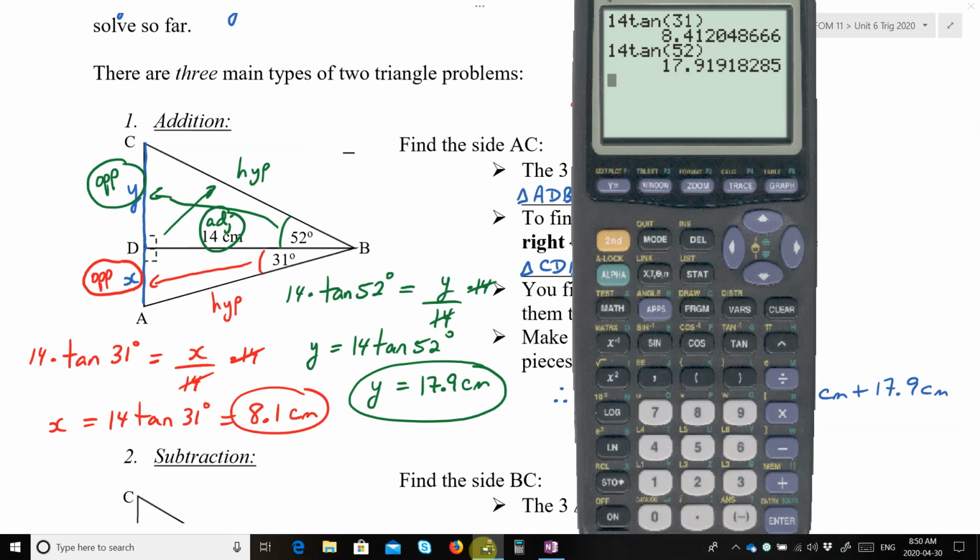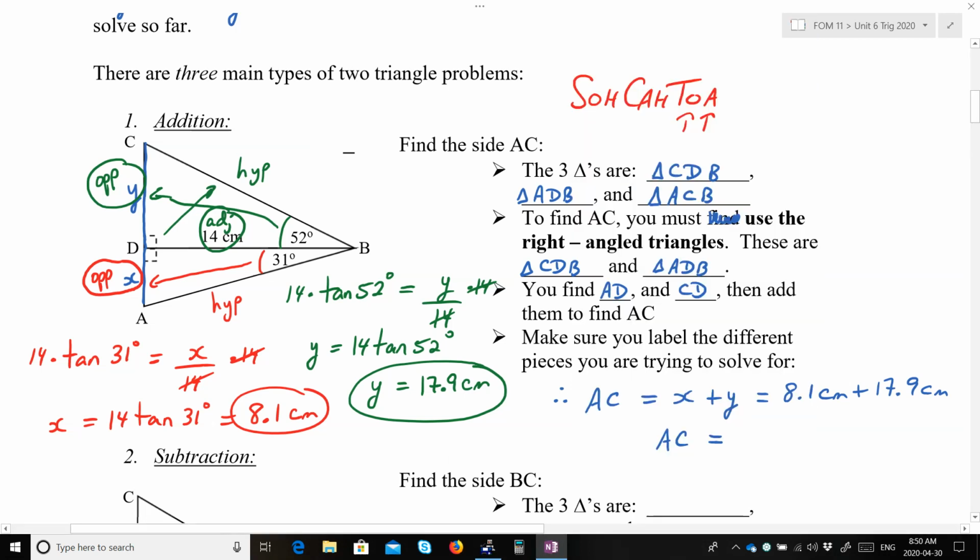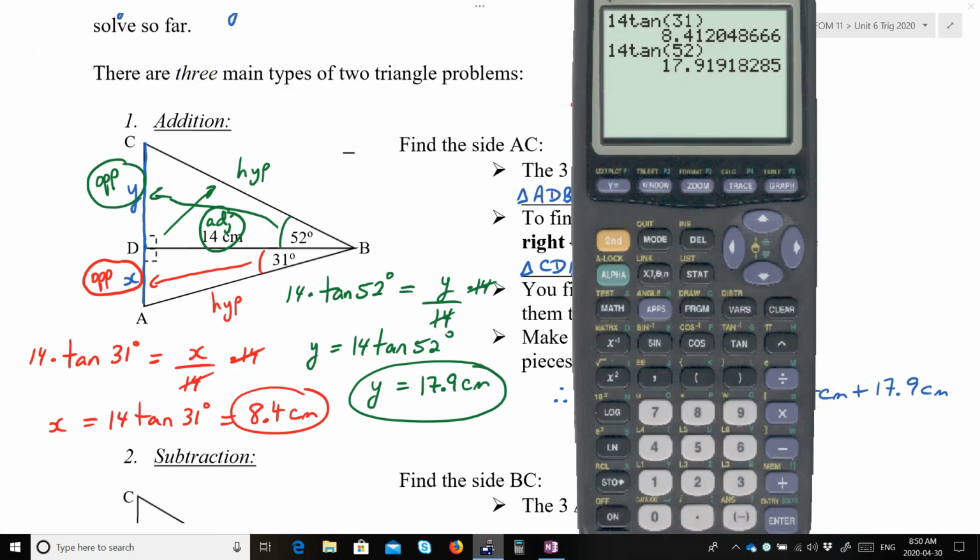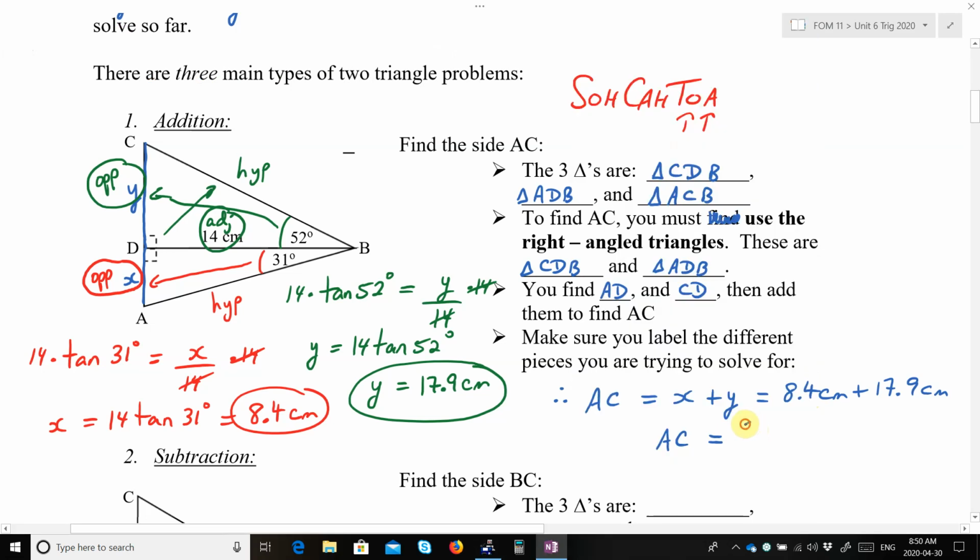Sorry, 14 tan 31 is 8.4. So this little guy here is 8.4. And if we go 8.4 plus 17.9, we get AC is 26.3.